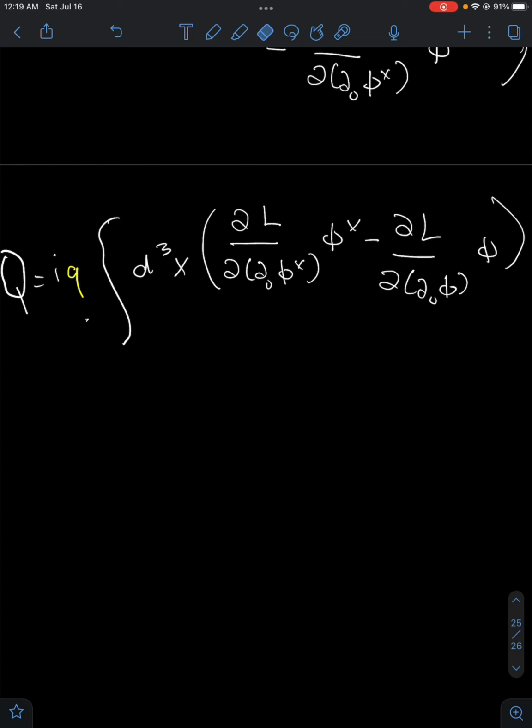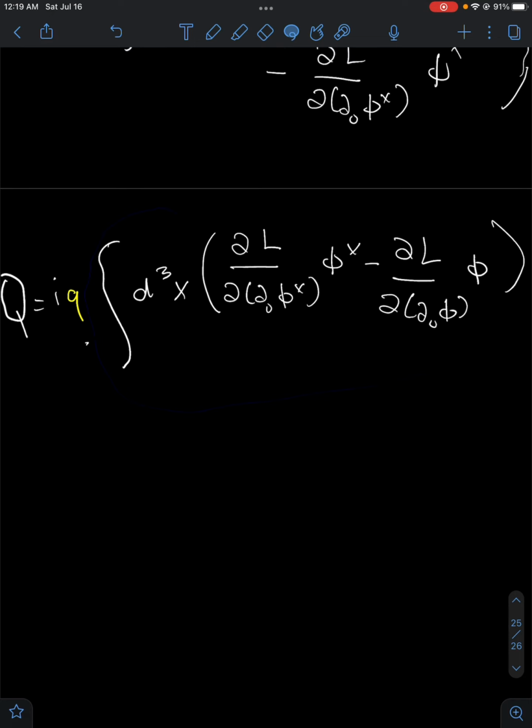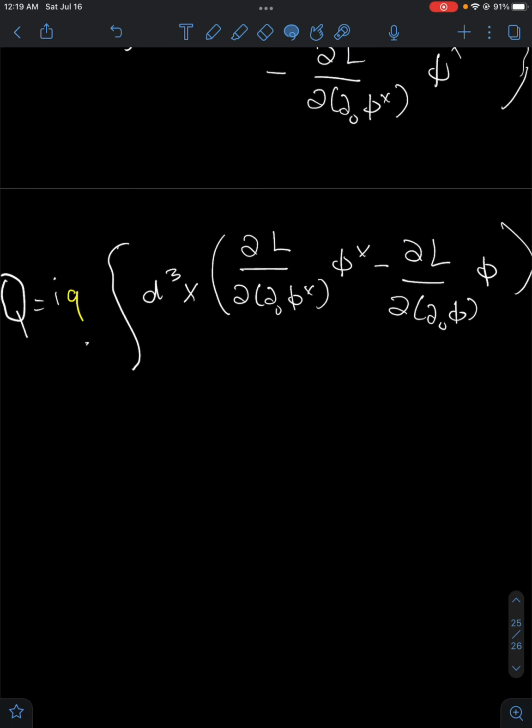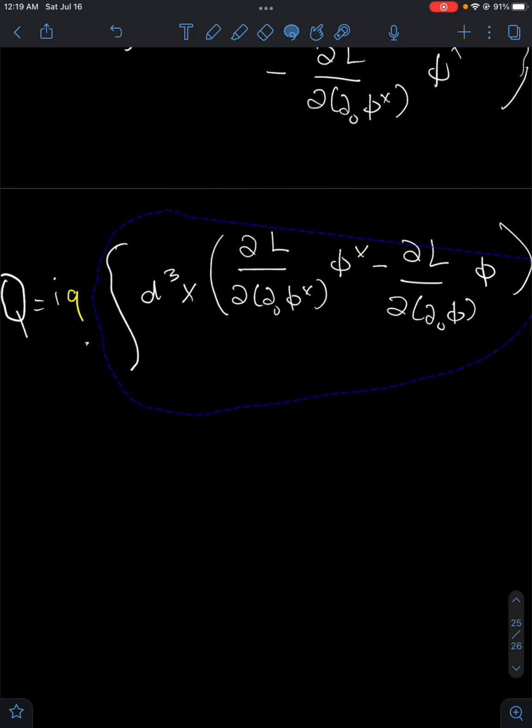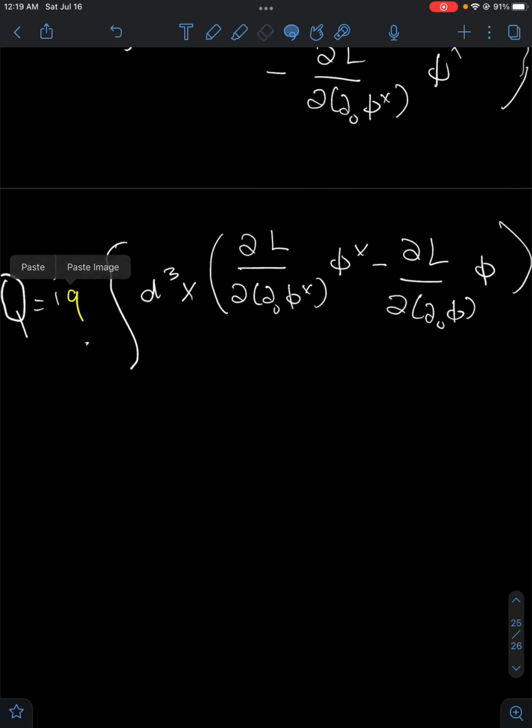I guess we can make a bit more space by moving this integral to the right a bit, and then we can have our quantity Q, there we go, is I times little q. So what we've done here is we've just scaled this whole integral by some constant q.